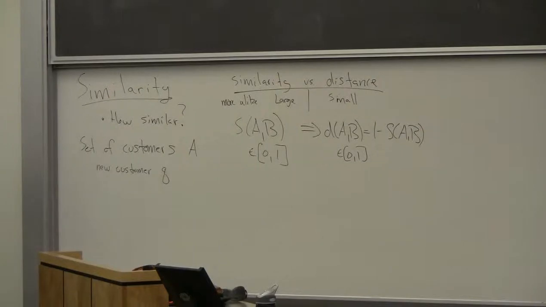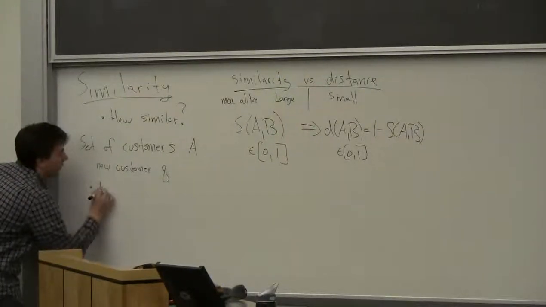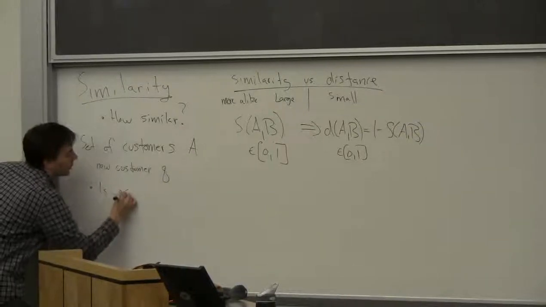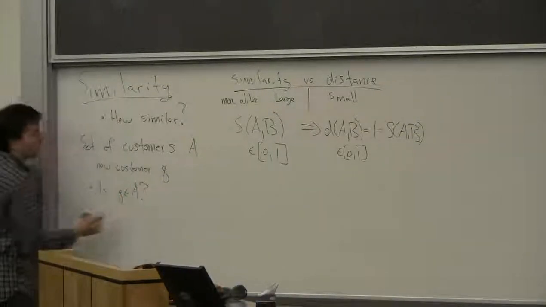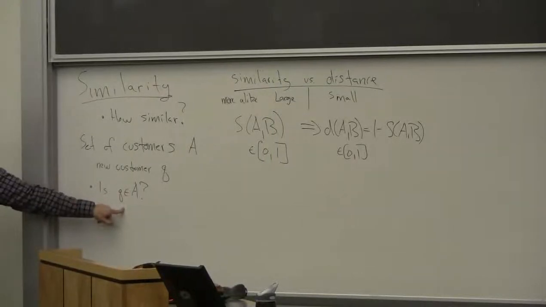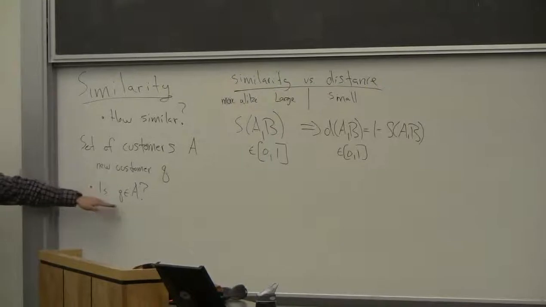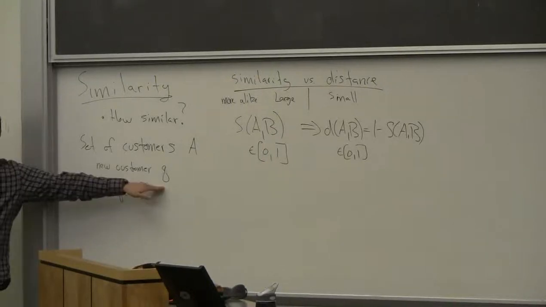Well, then we can ask questions like, is Q in A? So is Q an element of A? That means, are two things identical? This is something you can check if you have something that exactly matches the properties of this customer.